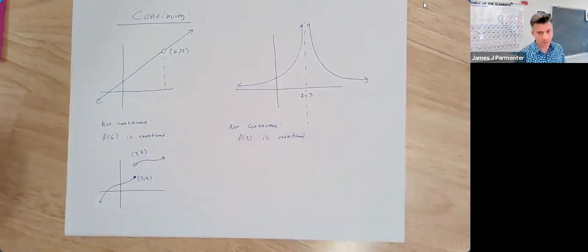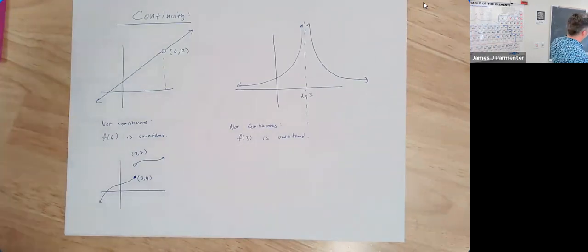I think most people have a fairly okay idea of what it means to be continuous just by looking at the graph. I can look at all these graphs and say they're discontinuous because to draw them, I had to lift my pen off the paper. That is the very layperson way of describing what continuous is. If I can draw it without lifting my pen off the paper, it's continuous. If I have to lift my pen off the paper, it's discontinuous.